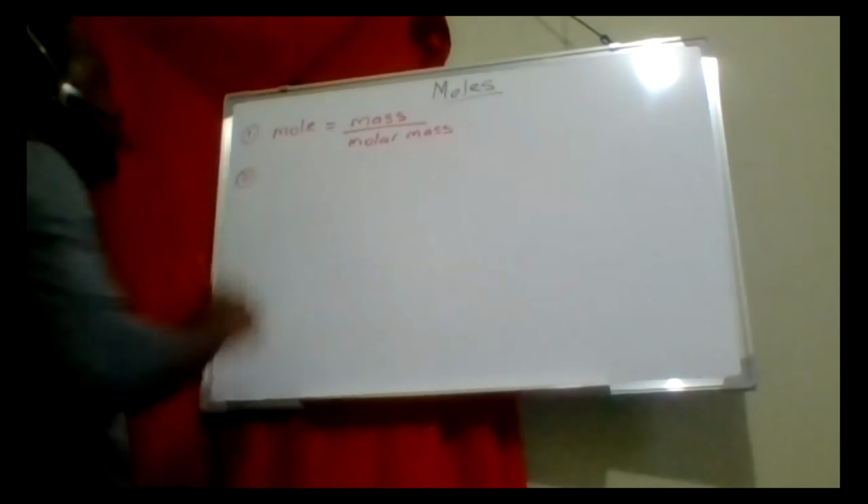So mole is equal to number of particles or molecules or atoms, divided by Avogadro's number, which is 6.02 times 10 to the 23. Right, so that's another equation.